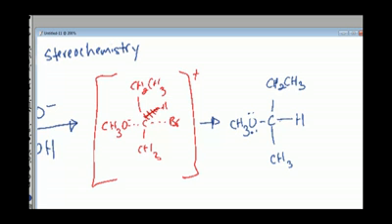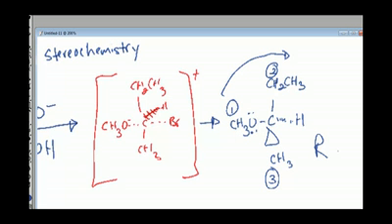And I guess I should draw some stereochemistry here. So this is still wedged out at you. This is going into the page now. And now we have 1, 2, 3 priority. That's clockwise, and therefore it's R. So there's an inversion taking place.